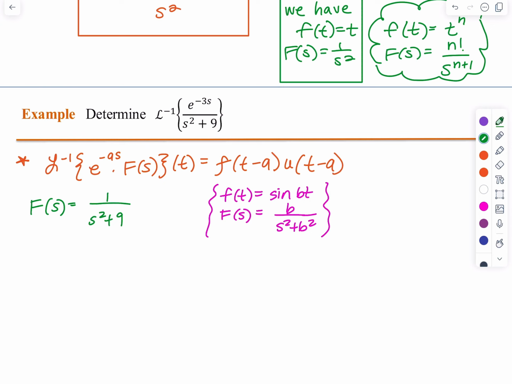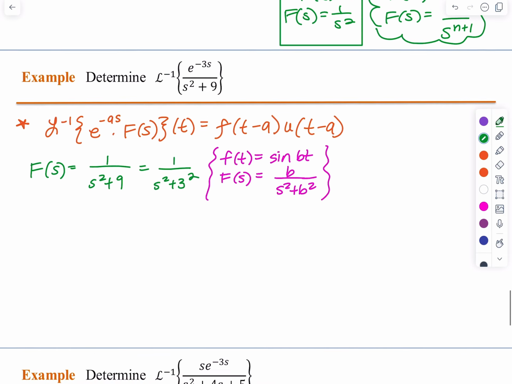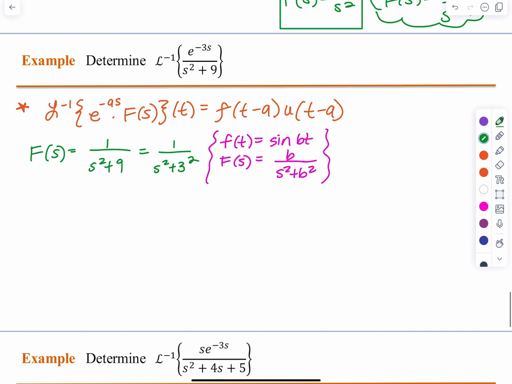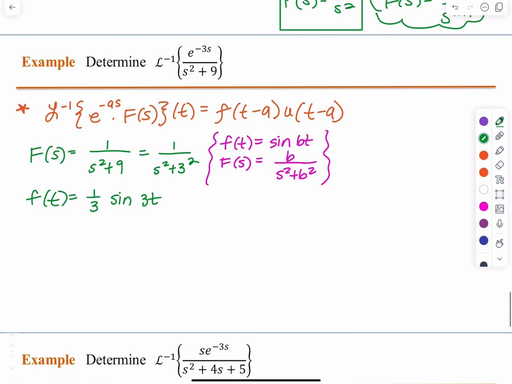So now what do we have here? This is equal to 1 divided by s squared plus 3 squared. So our b is 3. So we would need to have a 3 in the numerator. So our f of t is going to be 1/3 multiplied by the sine of 3t.